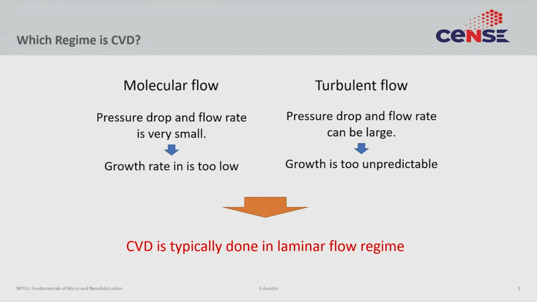However, if you are in the turbulent flow regime, even though you have a lot of pressure drop, a lot of flow rate, and a lot of material going through, the growth is very unpredictable. It's too unrepeatable, and if it's too unrepeatable, it's not a good microfabrication process. So, by and large, most CVD reactors try to stick to the laminar flow regime, where the growth is both predictable and reasonably high.